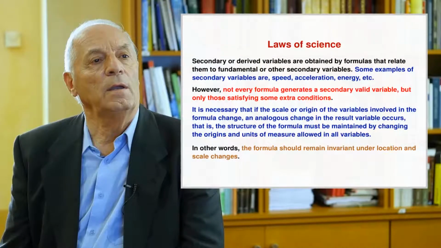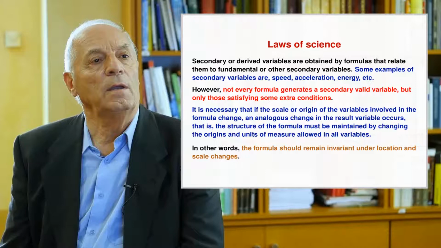Secondary or derived variables are obtained by formulas that relate them to fundamental or other secondary variables. Some examples of secondary variables are speed, acceleration, energy, etc. However, not every formula generates a valid secondary variable, but only those satisfying some extra conditions.